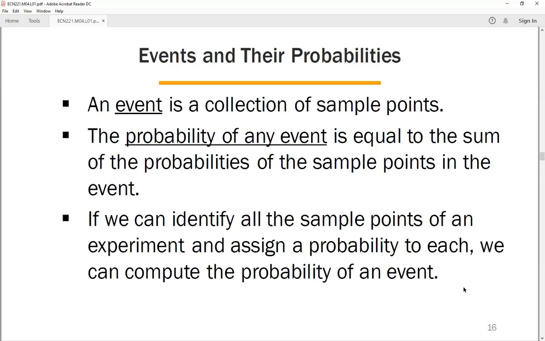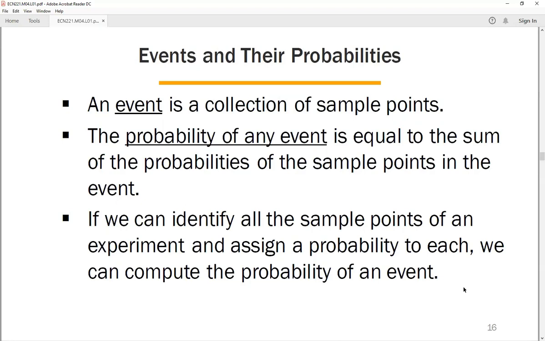So with that, think about events and their probabilities. An event is a collection of sample points. That's just the definition. And the probability of an event is equal to the sum of the probabilities of the sample points in the event. Think about an example we've seen already: the green on the roulette wheel. The sample points would be that the ball lands on 0 or the ball lands on double 0.